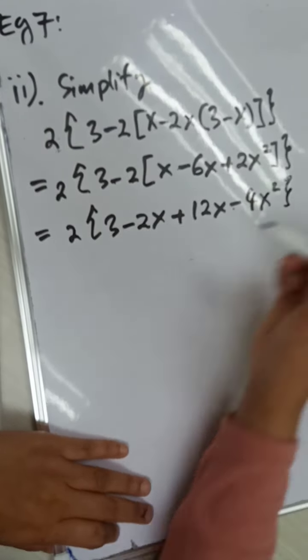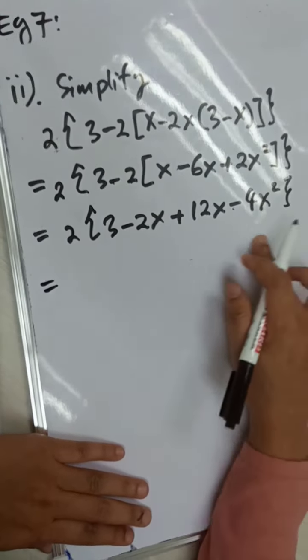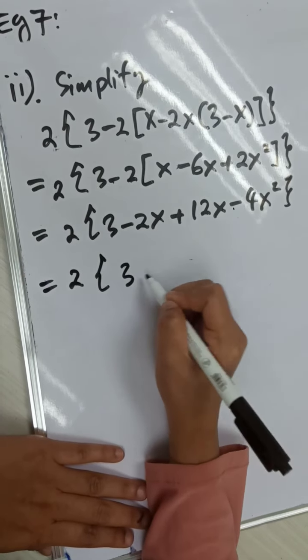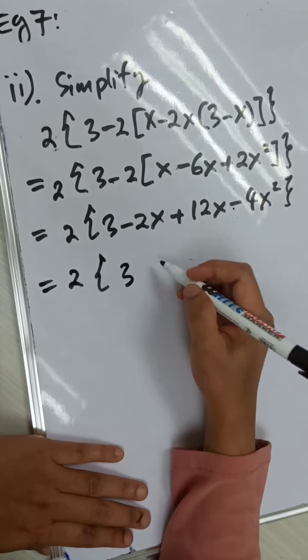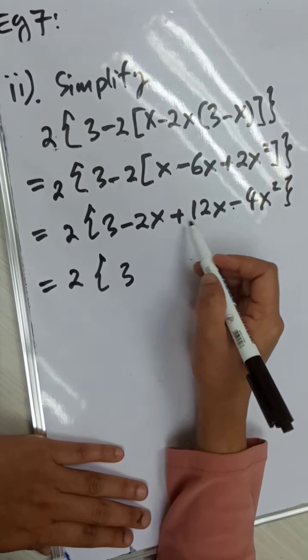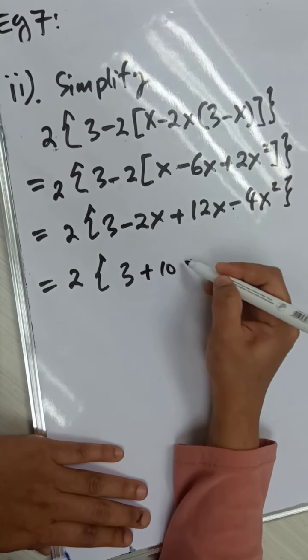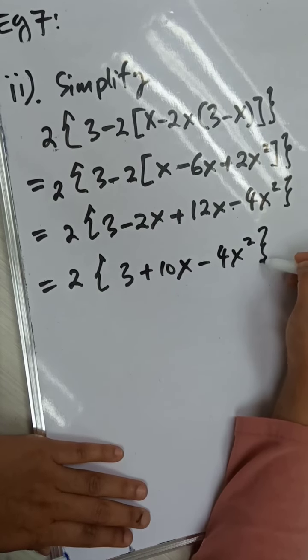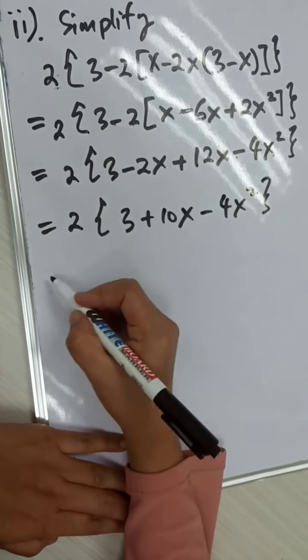So next step, simplify inside the bracket. So we get negative 2x plus 12x, we get plus 10x minus 4x square.